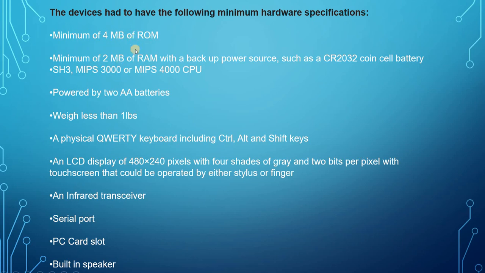A minimum of 4 MB of ROM, a minimum of 2 MB of RAM with a backup power source such as a CR2032 coin cell battery, and an SH3, MIPS 3000 or MIPS 4000 CPU powered by 2 AA batteries, and weight of less than 1 pound. An LCD display of 480 by 240 pixels with 4 shades of gray and 2 bits per pixel, with a touchscreen that could be operated by either stylus or a finger.